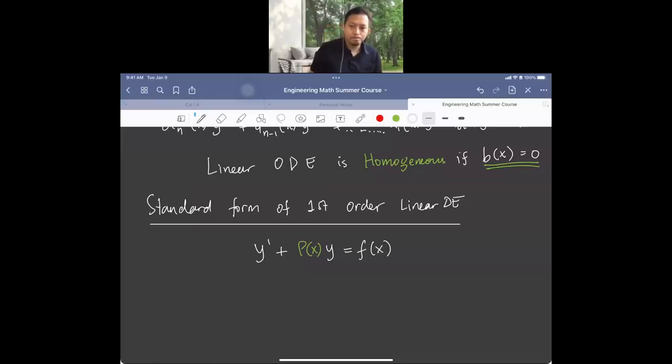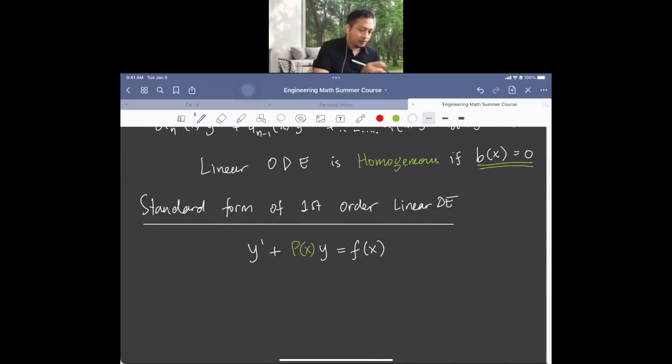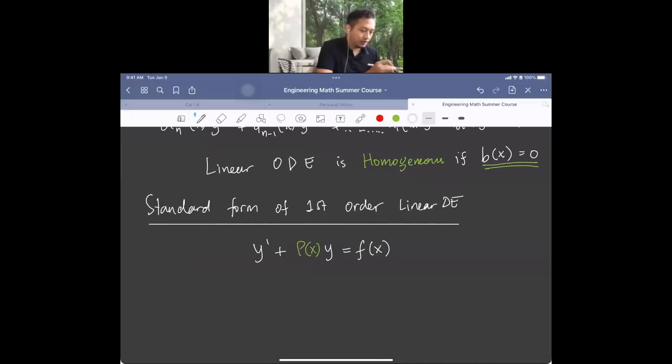Okay. Maybe in your textbook it's a little bit different. In your textbook it's using another constant. Let me write your textbook version so that you don't see any noticeable difference, but it's actually the same.